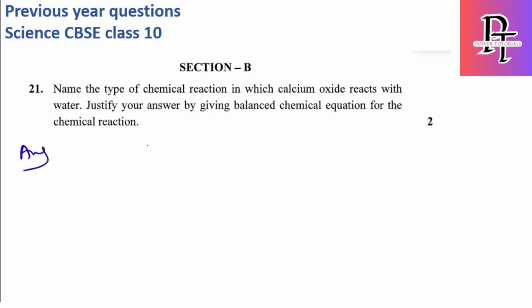Calcium oxide, the symbol is CaO, plus water, that is H2O, gives rise to Ca(OH)2. So here you can see that two reactants are getting combined to form a single product.